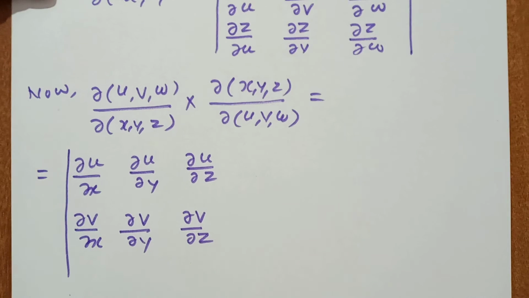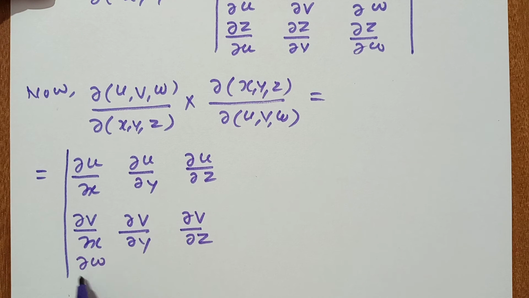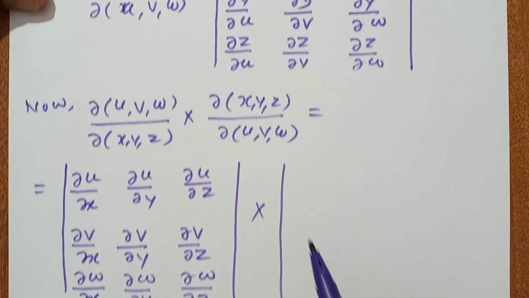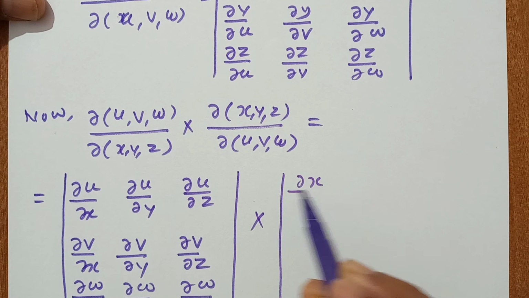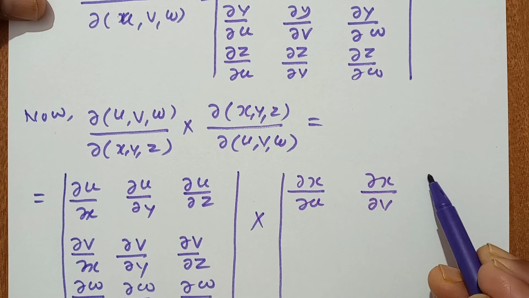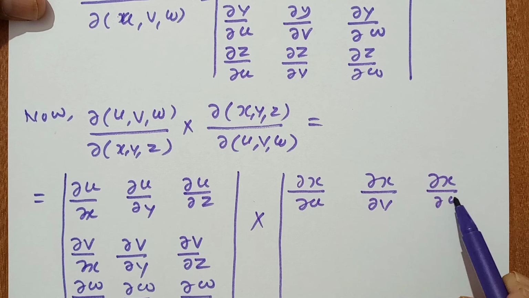And in the third row, del w upon del x, del w upon del y, del w upon del z, into del x upon del u, del x upon del v, del x upon del w.